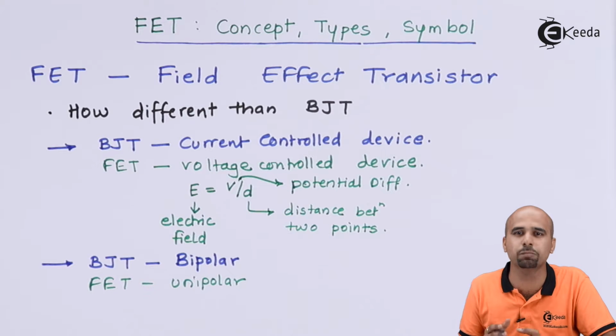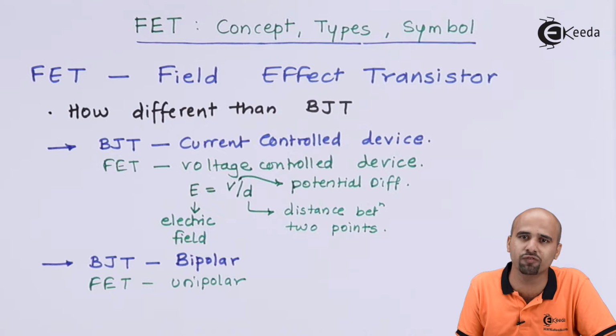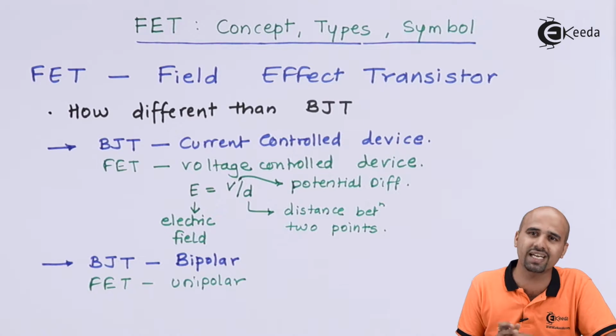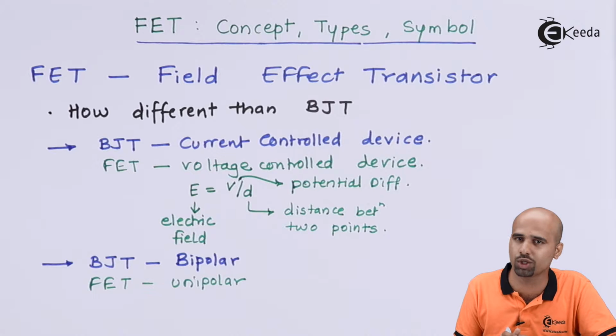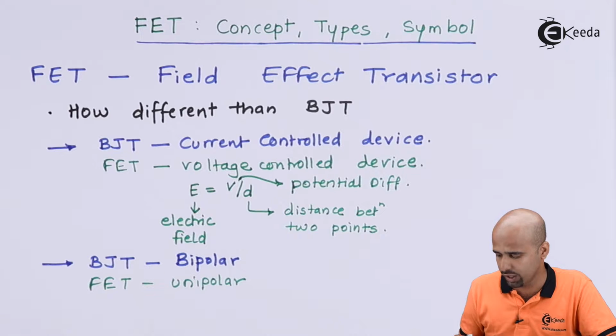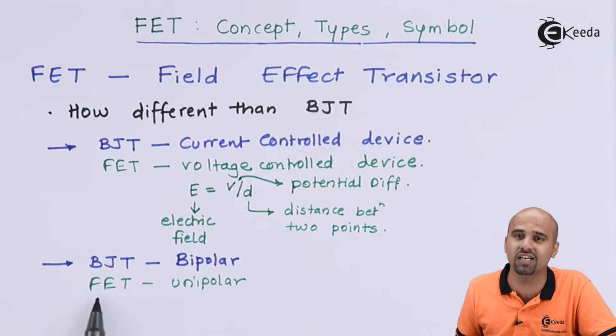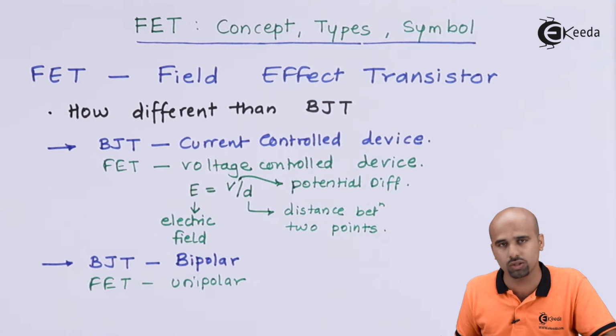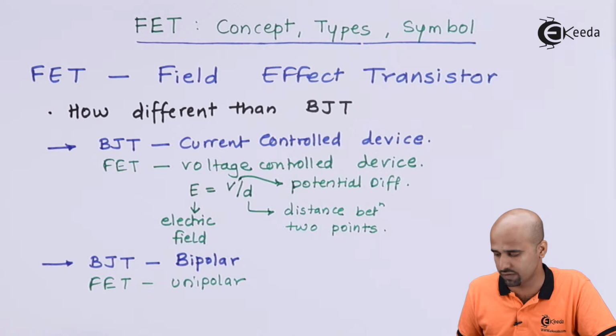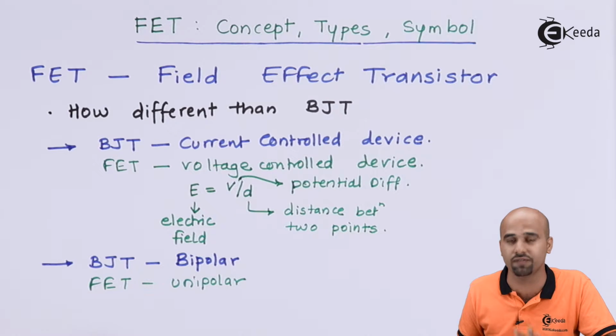Only either positive charge carriers or negative charge carriers are responsible for the operation of FET, right? So that's why BJT is called bipolar and FET is called unipolar. In FET, we are not stressing on bipolar or unipolar, because we are stressing on one particular parameter, that is field effect. So this is how we have got the two different parameters, and on that basis we have discussed the differentiation.